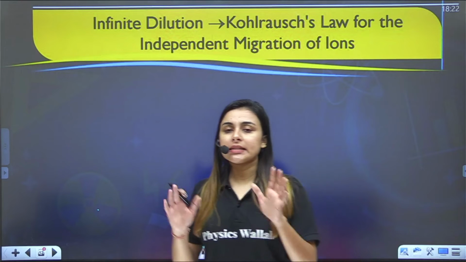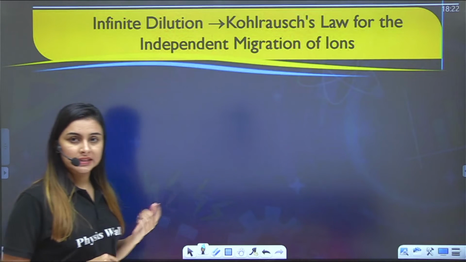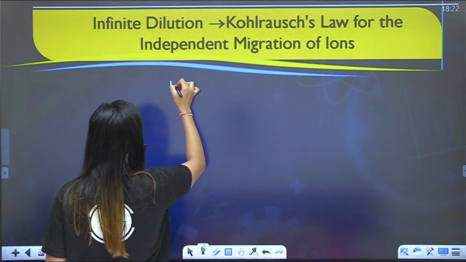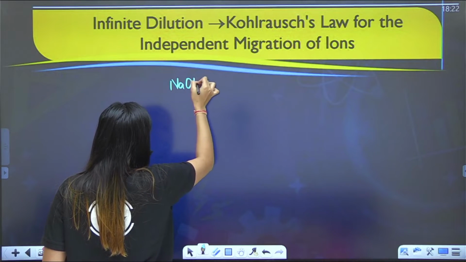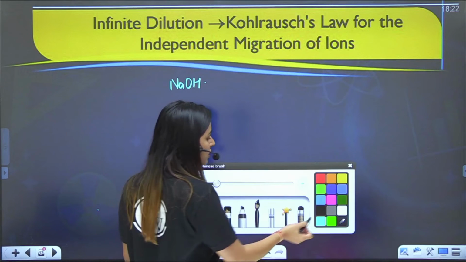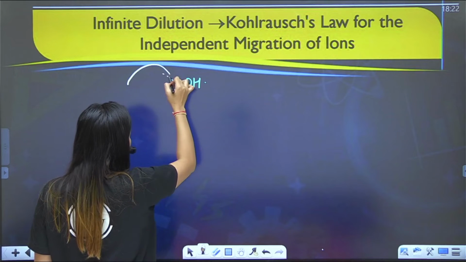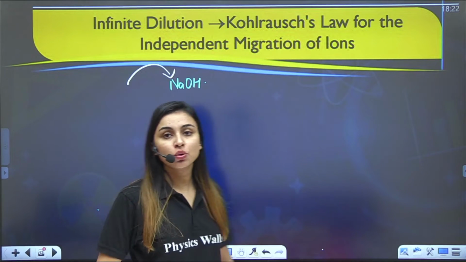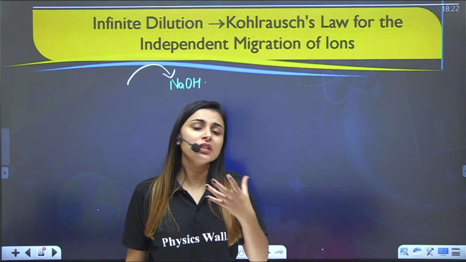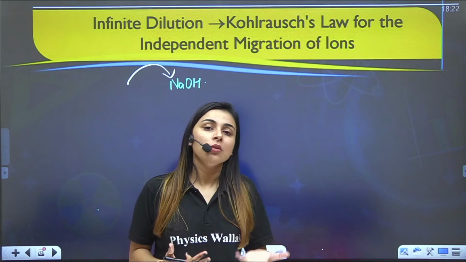So let's start this. If we talk about Kohlrausch law, what did Kohlrausch say? Let's take an example. Let's take an electrolyte. Let's say I have taken NaOH. So what does Kohlrausch say? Kohlrausch says that when you increase the dilution of an electrolyte, you know that the ions ionize more, right?